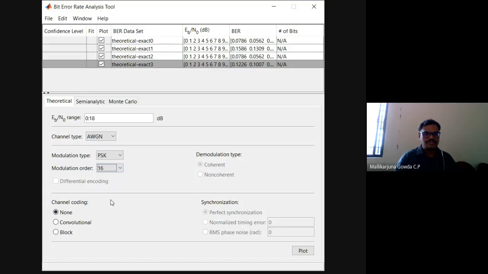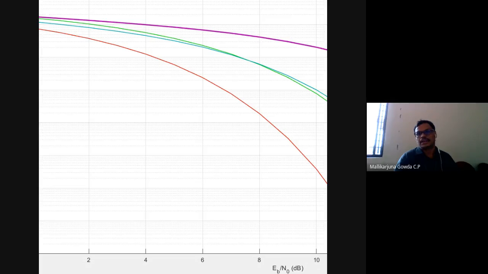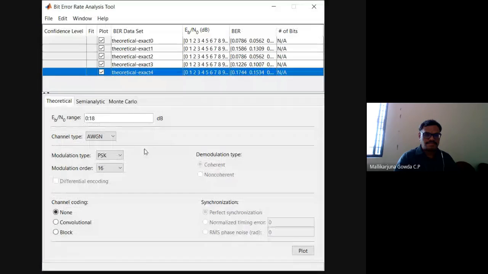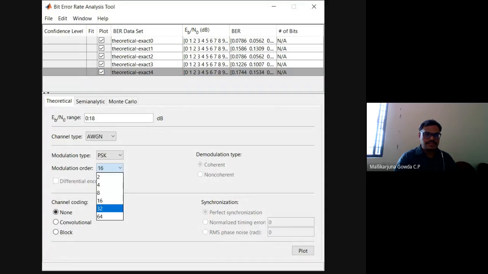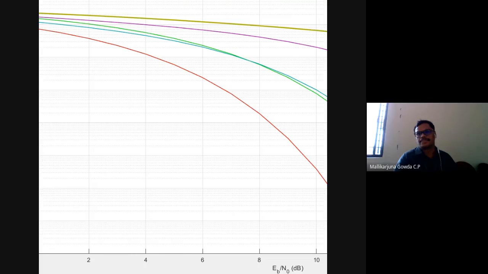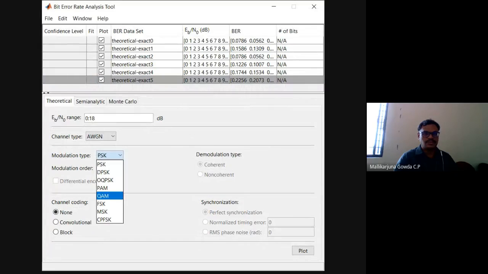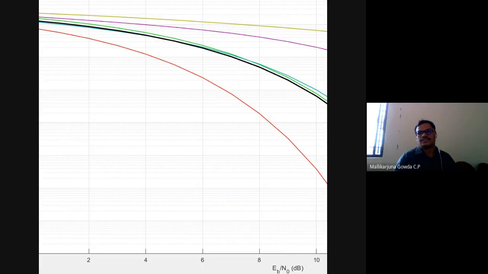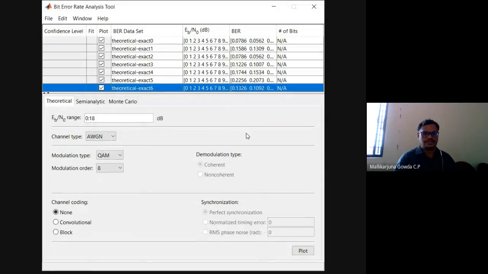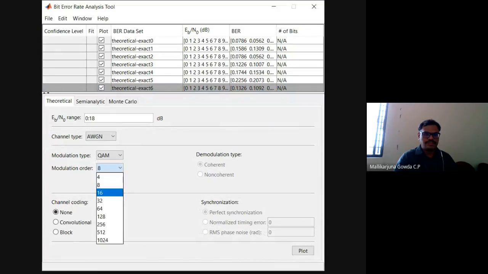So this is the flexibility of the tool. In no time we'll be able to do this analysis. 16, 32. Like that, even you can select QAM also, QAM with modulation order 8. Even 16.